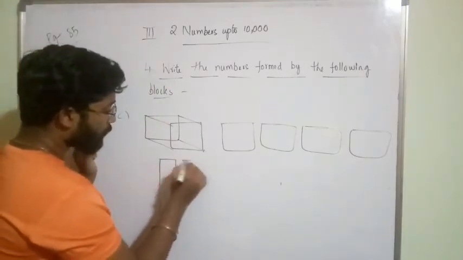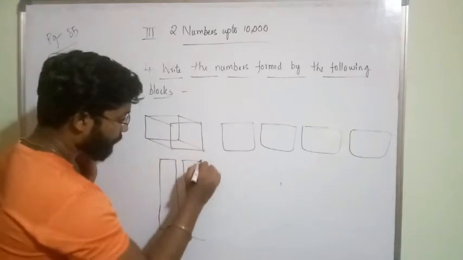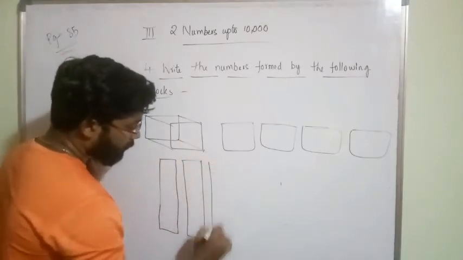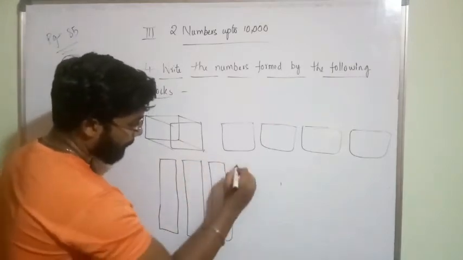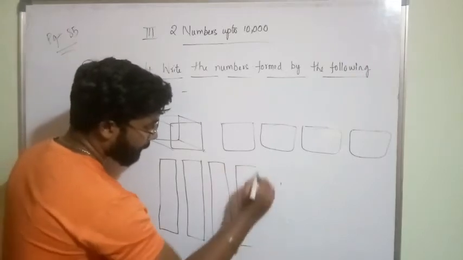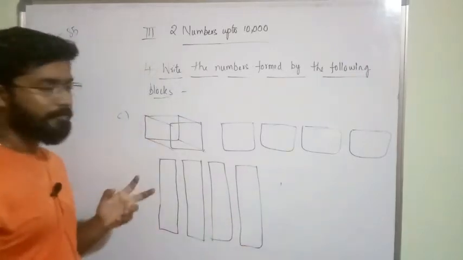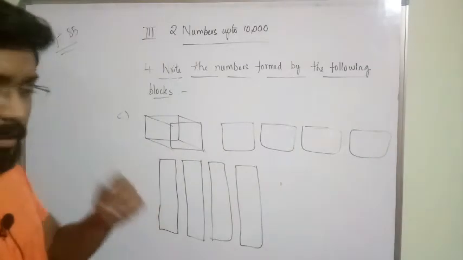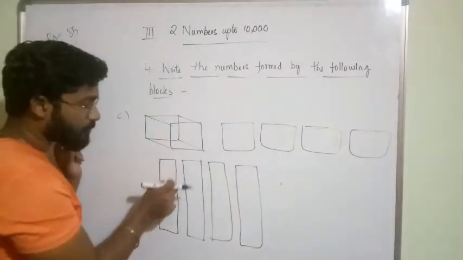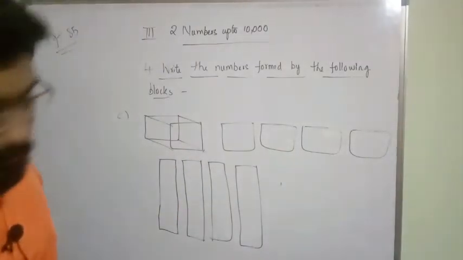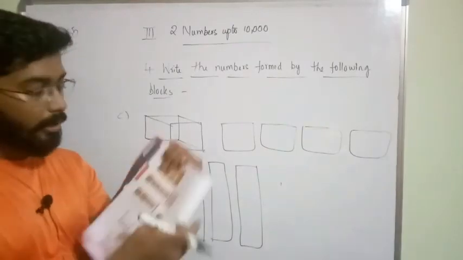So how many tall boxes do you have? I am drawing it very roughly. Actually they are cubes, means you have 10 small cubes here. If you can't understand what I am telling, you have to see here.